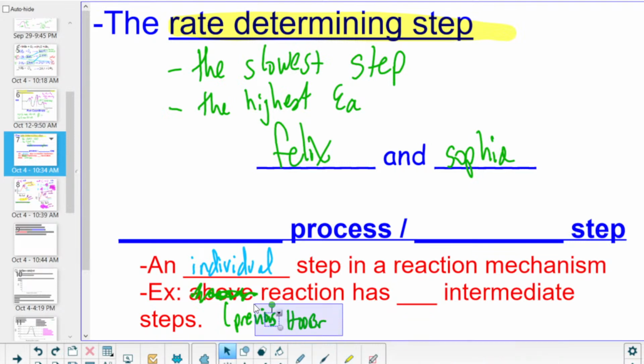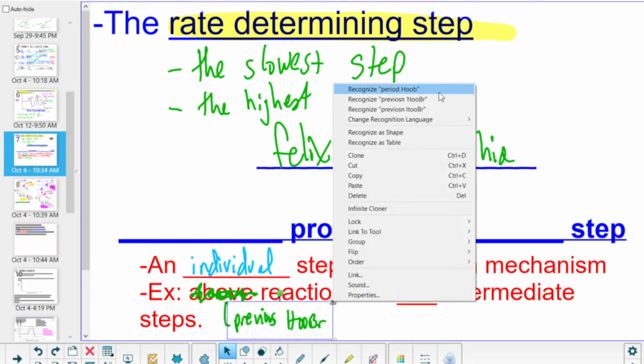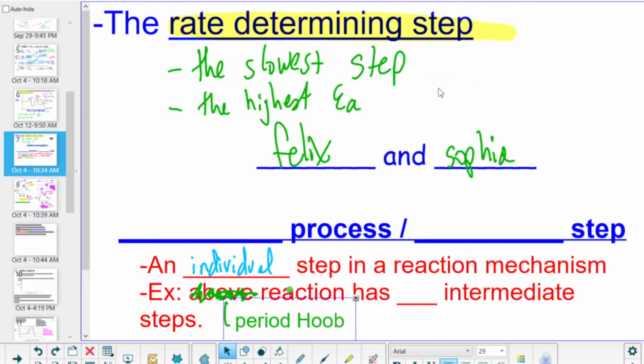Previous Hoover. Let's see. Whoops. What? Previous, oh, it's going to be some feral, vile stuff, right? It's a period Hoob. Period Hoover is crazy. That's the best thing ever. At least they got a Hoob out of it.